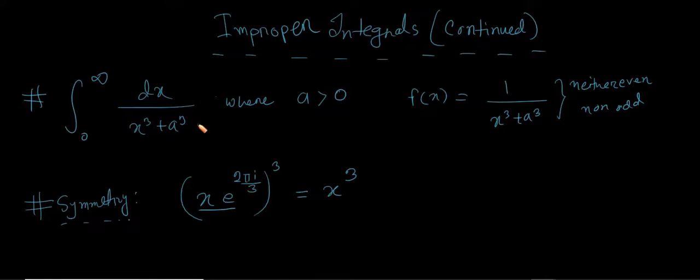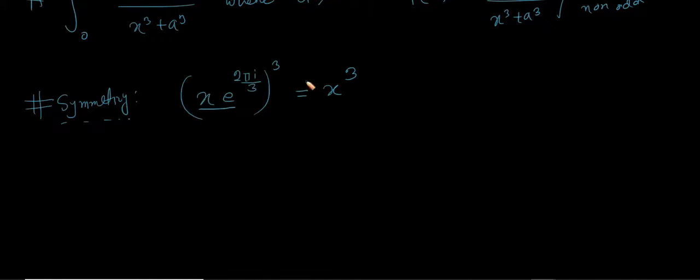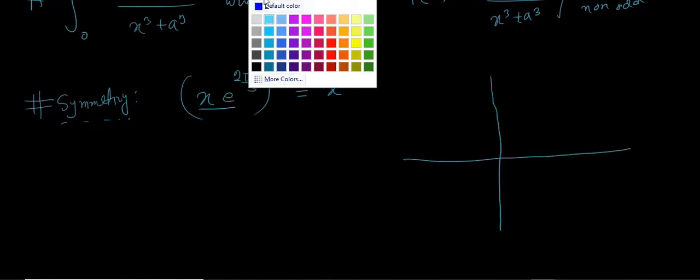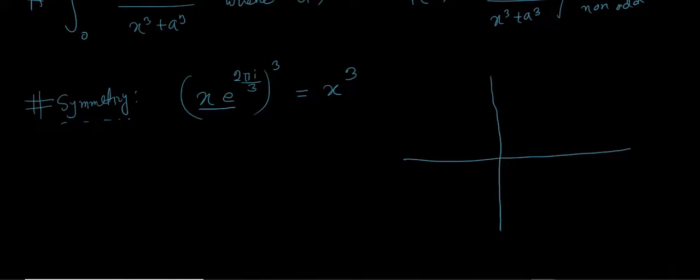So let me show you what type of contour we're going to consider, and this is coming from this symmetry property. Since the limits of the integration are from 0 to infinity, we're going to consider a contour like this. We'll start from this point, go up to this radius r, then build an arc of a circle.